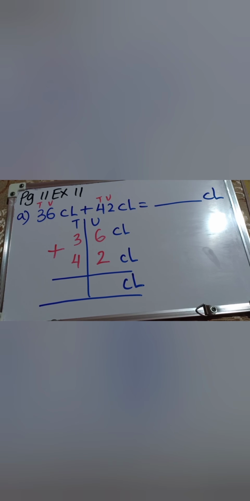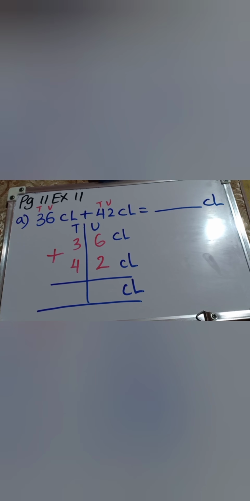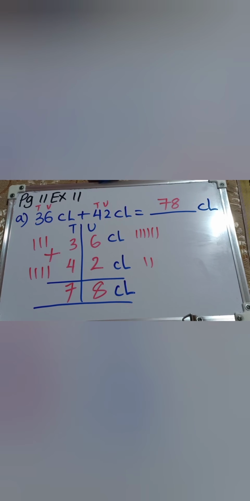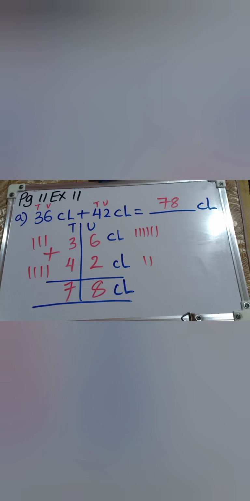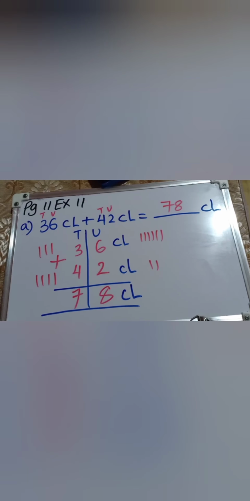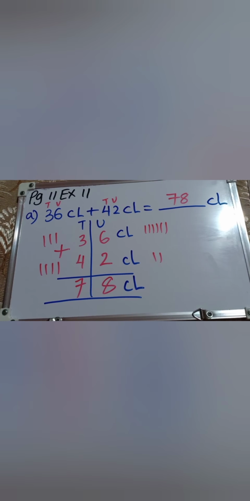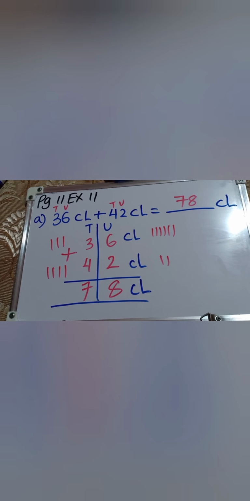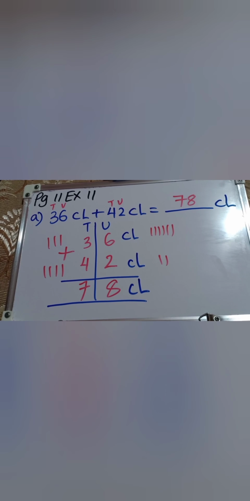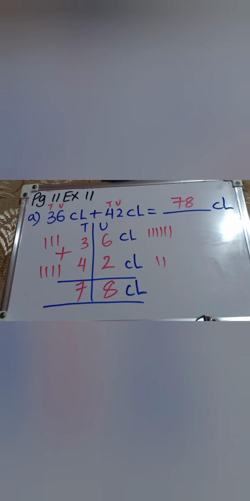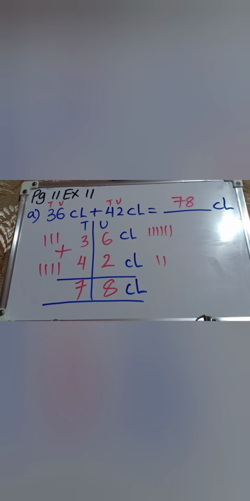Work it out. 36 plus 42 centiliters is equal to 78 centiliters. Did you get the right answer? I'm sure all of you got it good.